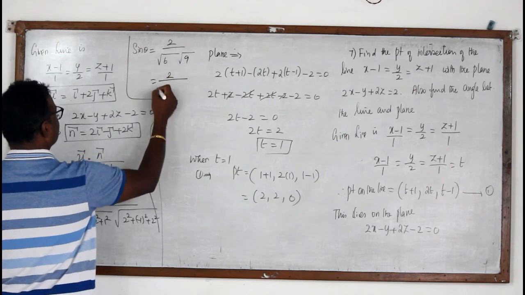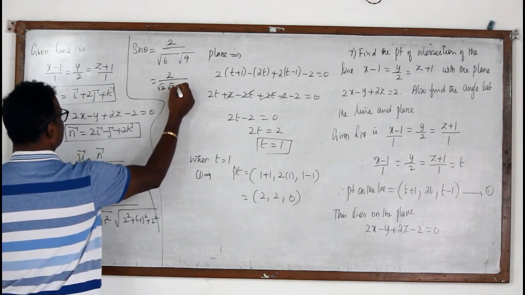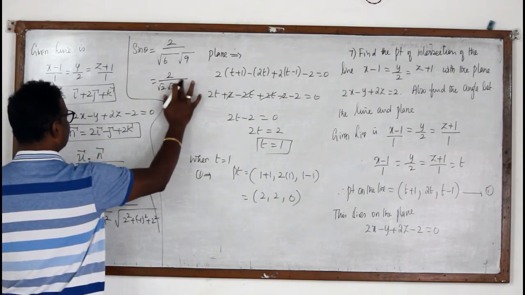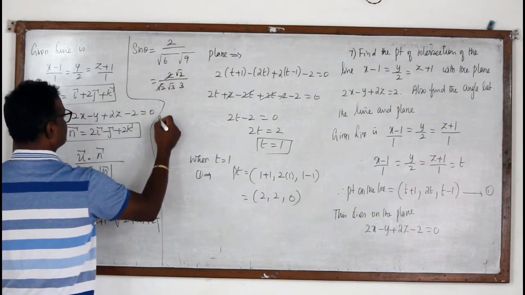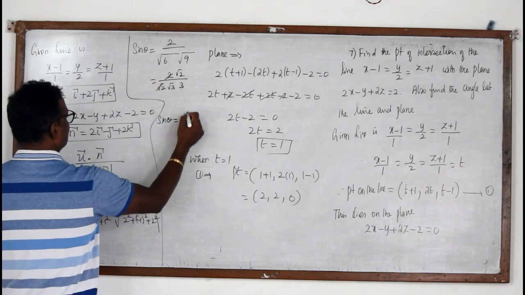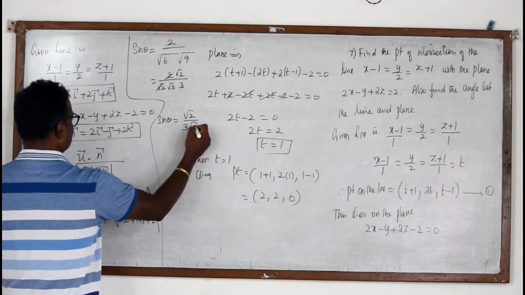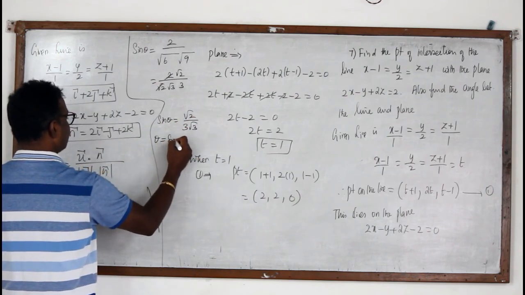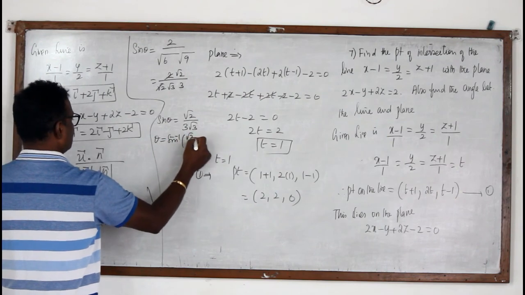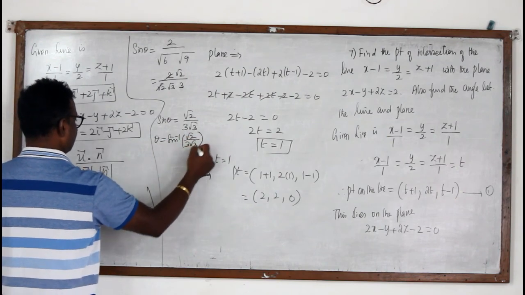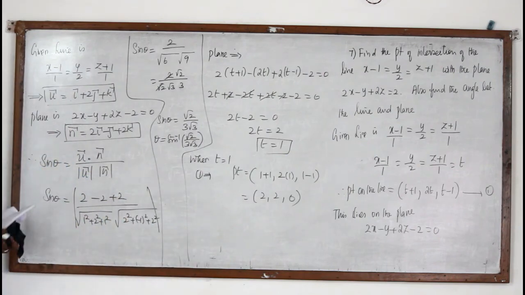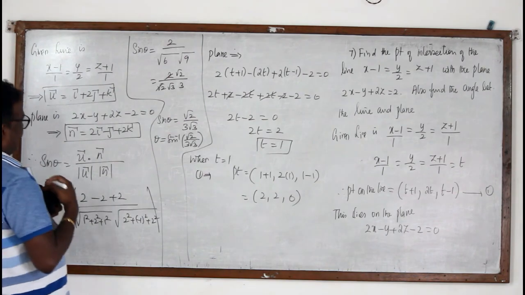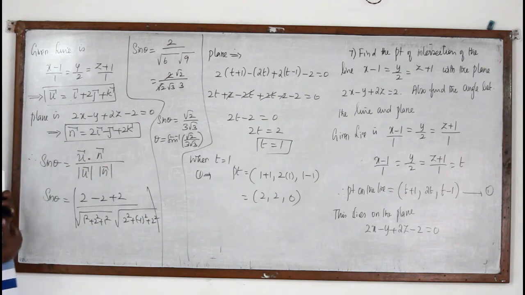It is 2 by root 2 into root 3 into root 3. Root 9 is 3, it is cancelling. So sin theta is root 2 by 3 root 3. Therefore theta is sin inverse of root 2 by 3 root 3. This is how we can find the angle between the line and the plane. So with this, the 7th problem is over.